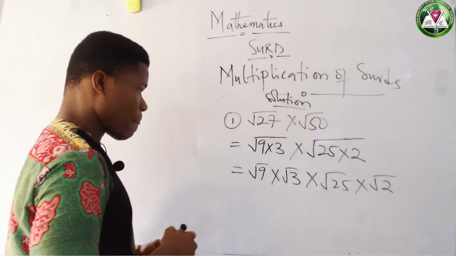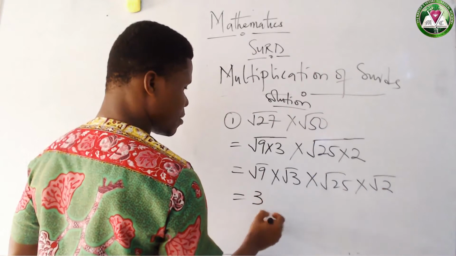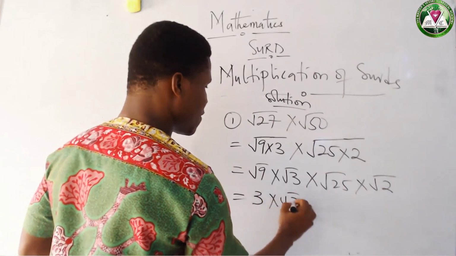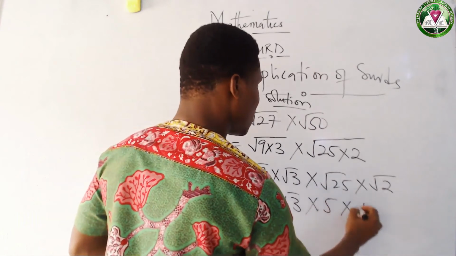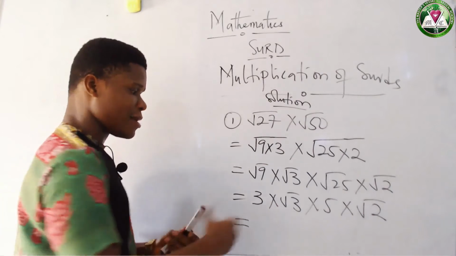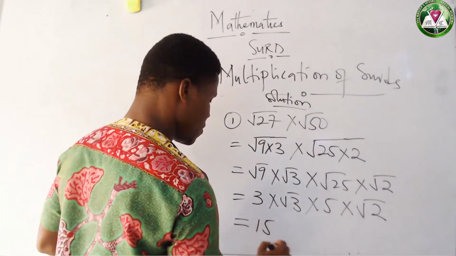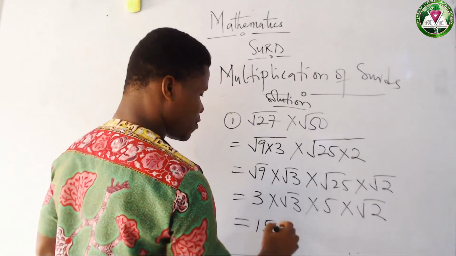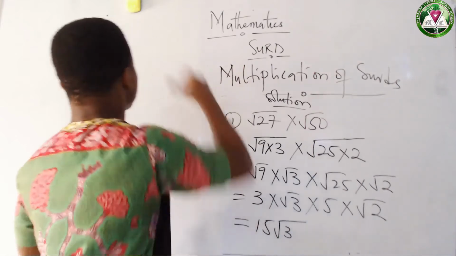Okay? Now, we can do it this way. Root 9 will give us 3 times root 3. The square root of 25 will give us 5 times root 2. If we were to multiply out, 3 times 5 will give us 15, then root 3. Okay, let me just write that so you can see what I just did.